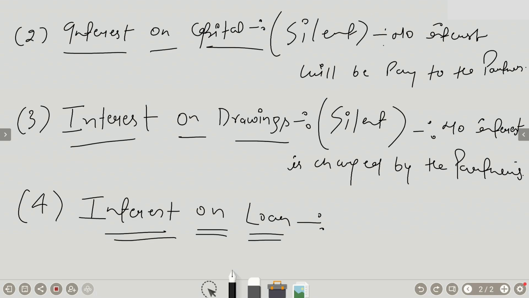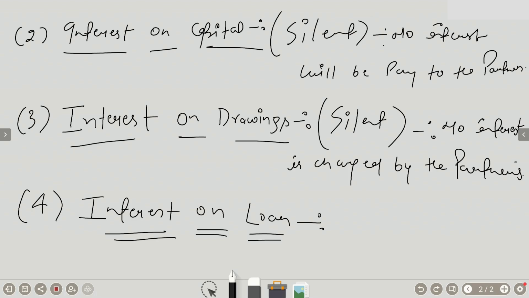If any partner has advanced loan to the firm for the purpose of business, suppose there are two partners named as A and B, A has advanced loan to the firm for the purpose of business. A gets interest on loan at the rate of 6% if the partnership deed is silent about this case.